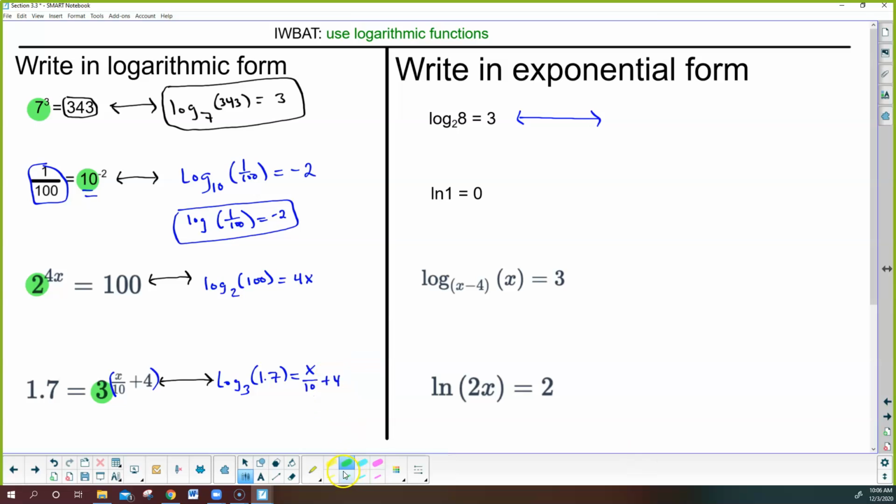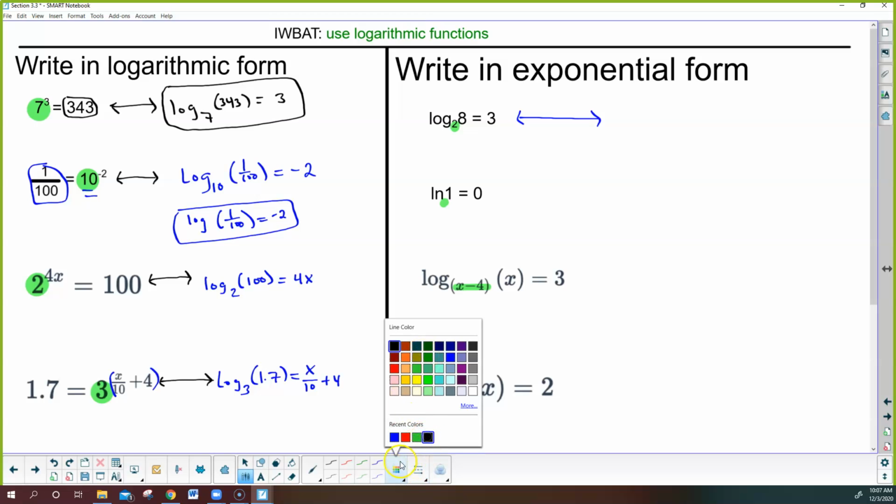Okay, so it's important to remember what's the base, right? This is log of base 2. And this one, we're going to actually do something special because there isn't a base right now, but this one has a special way to approach it. But any time we have the log, we're going to be able to identify the base pretty easily, right?